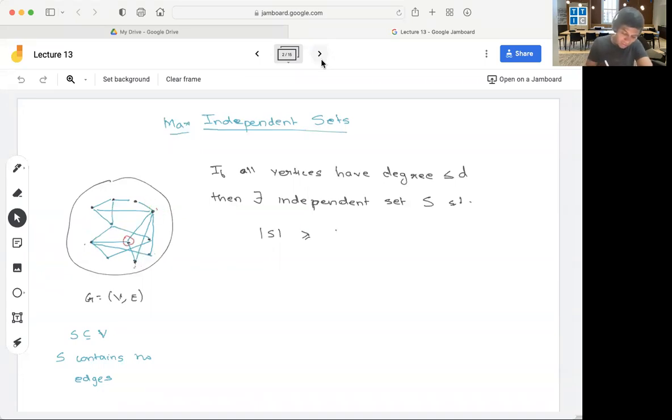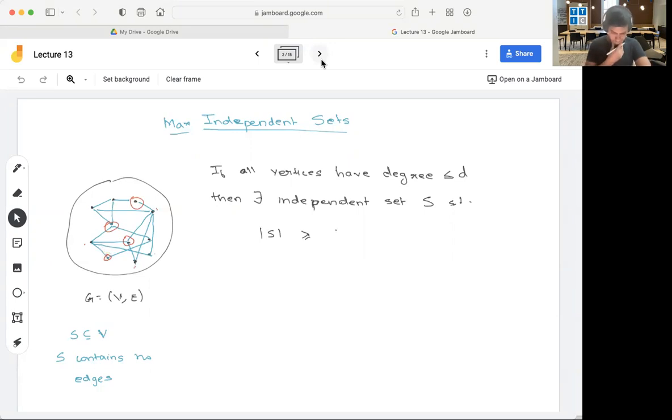But maybe we can select this vertex. And now just because we selected this vertex, these vertices are not allowed. But maybe we can select this vertex. And now we have a bunch of disallowed stuff, but maybe we can select this one.